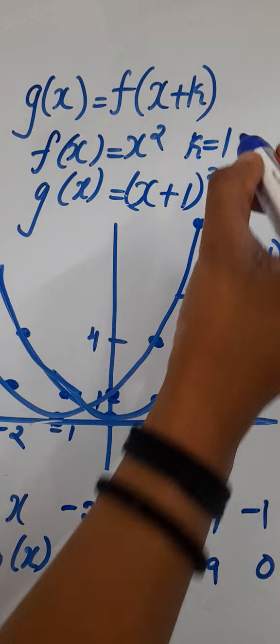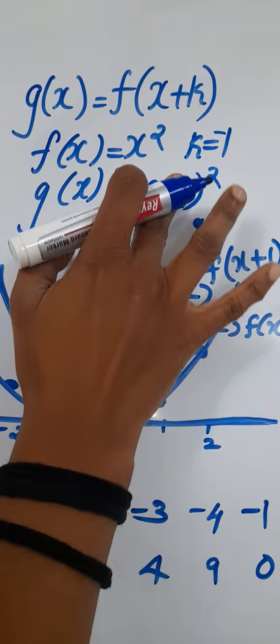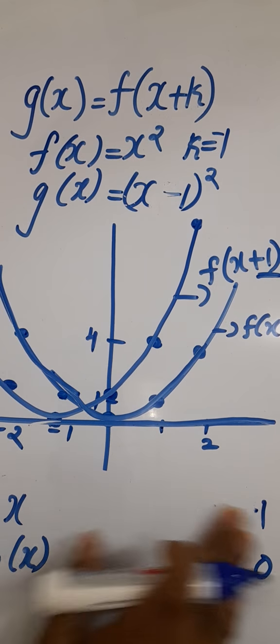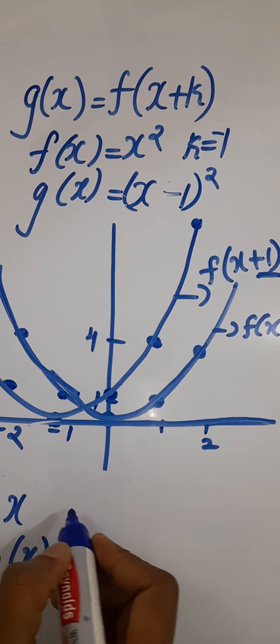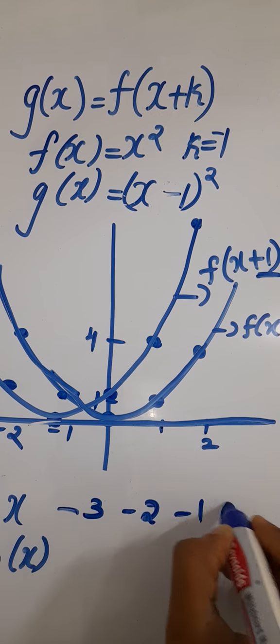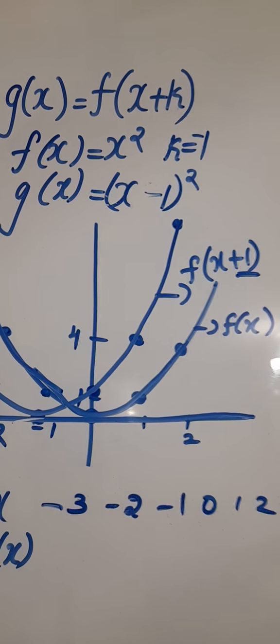Let us consider k value to be equal to -1 now. So g of x becomes x minus 1 the whole square. Let us explore that. So let us consider -3, -2, -1, 0, 1, 2 and so on for the values of x.